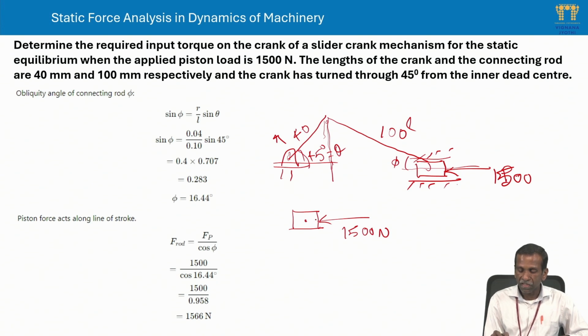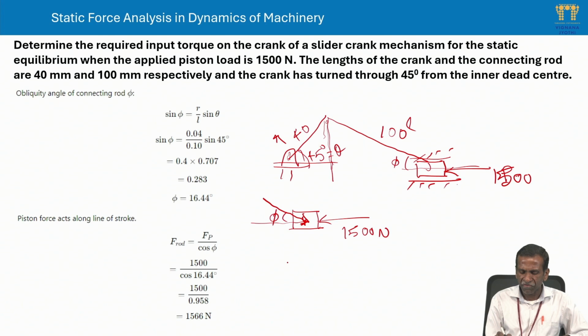As we know, the constraint force arises when we isolate one body from the other. So, we need to show the reaction of the connecting rod on the piston. Then we can apply the equilibrium equation. This angle, we know, is phi.